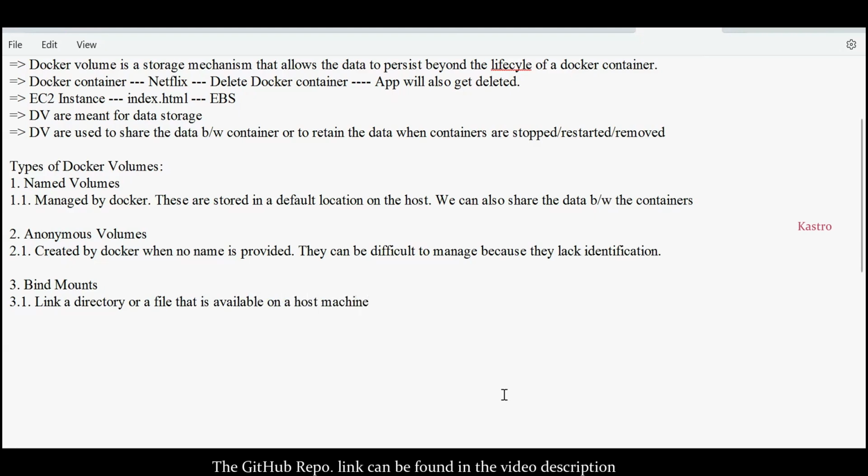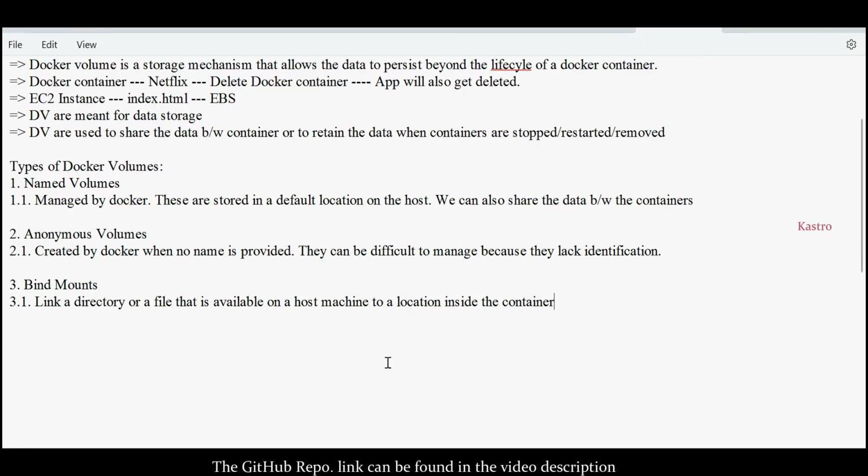What is meant by host machine? An EC2 instance. So if you want to link a directory or a file on the host machine to a location inside the container, then we will use a concept called bind mounts.